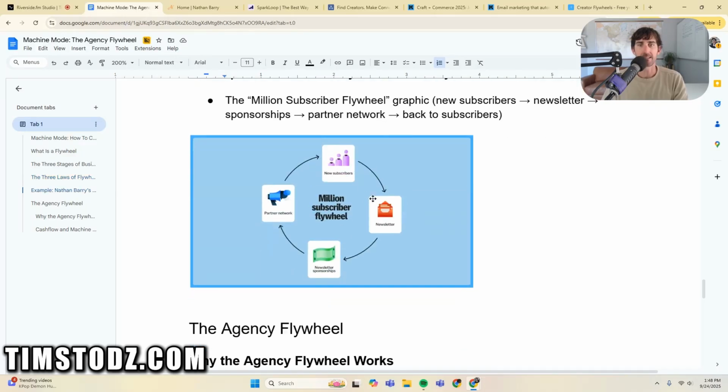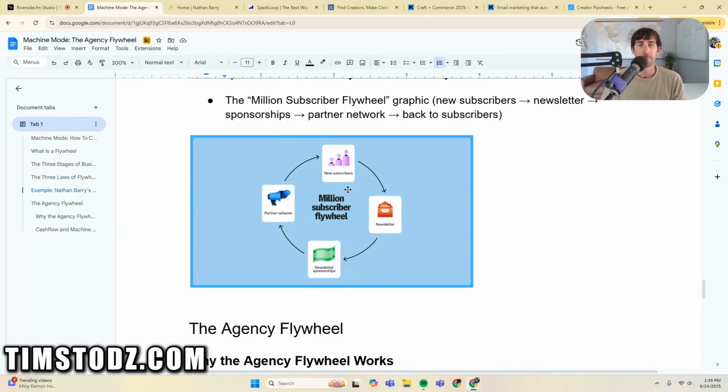And so the idea is that Sahil sends out his newsletter, right? He gets newsletter sponsorships from the ConvertKit sponsorship network. He takes that revenue and invests it into the partner network. So now he gets more subscribers. This leads to new subscribers, which means that in the next newsletter, he charges more money for sponsorships, which means that he has more money to invest into his recommendations platform, into the partner network, which means he gets even more subscribers. Around and around and around it goes.